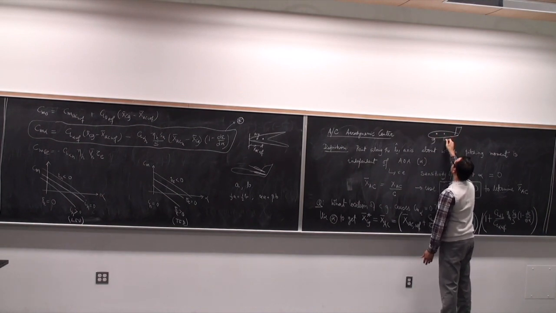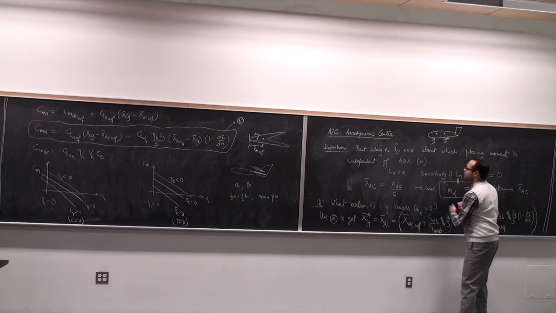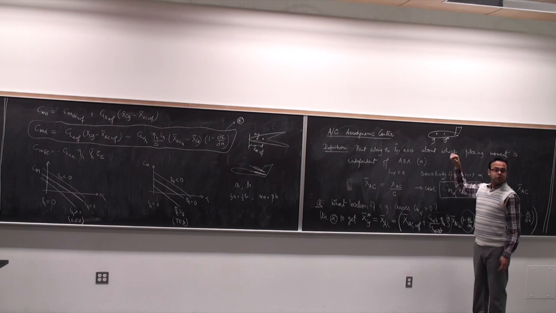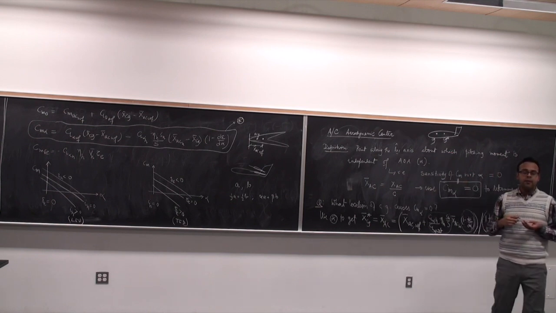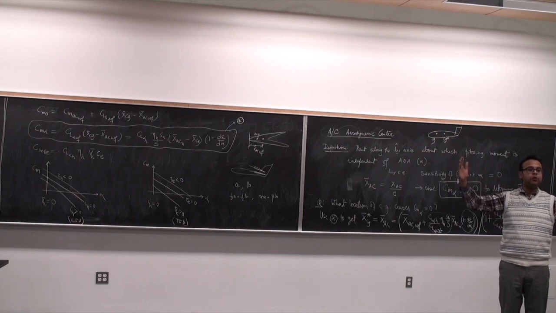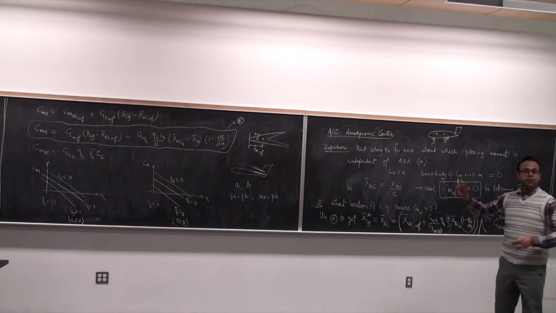And this is CG star, right? That I said if the CG were there, moving back, then Cm alpha would become 0. So for increased stability, you want CG star to be further back, right? Because there are more ways to go before the aircraft becomes unstable, right?